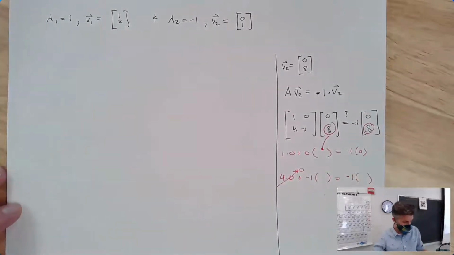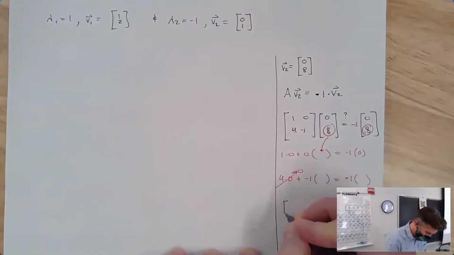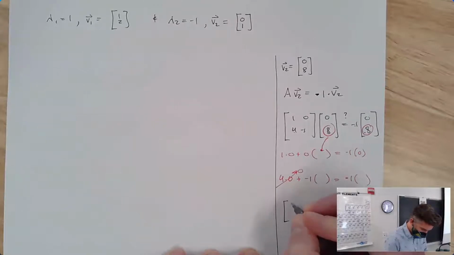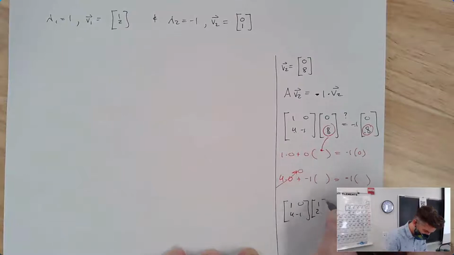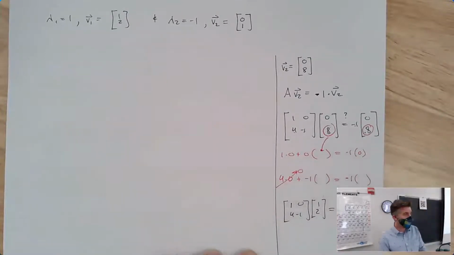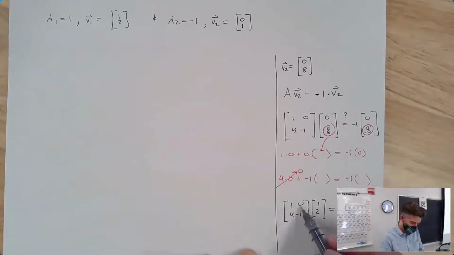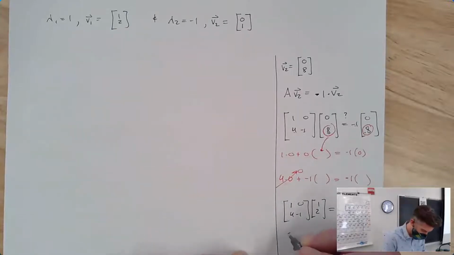And so it's also true that the matrix A, 1, 0, 4, -1 times the eigenvector 1, 2 should equal 1 times the same eigenvector 1, 2. And it does. 1 times 1 plus 0 times 2 is 1. 4 times 1 plus -1 times 2 is 2. But I could have made other choices there, right?